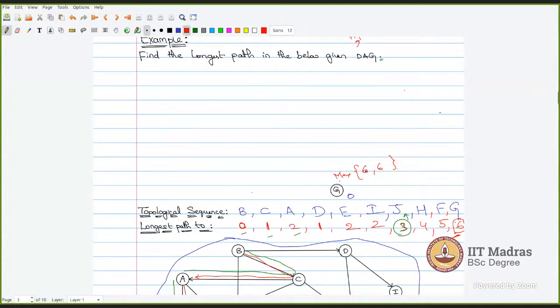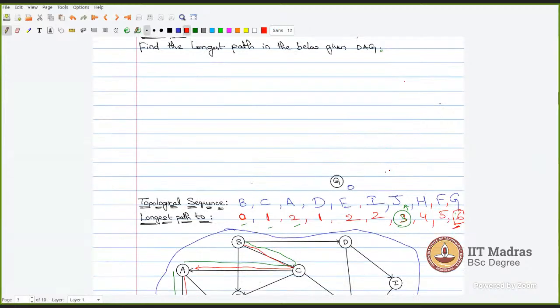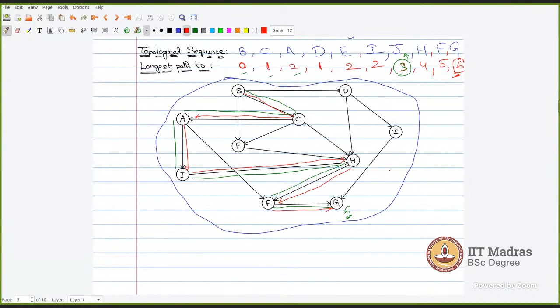It might be 6 also. You never know, right? Even there might be another path which has length 6. Also, you got a new path which has length 6. So here itself you may get it, or else you take this smaller one. So B to E.